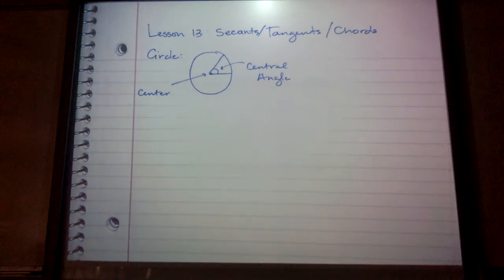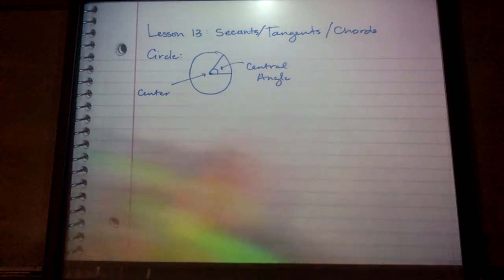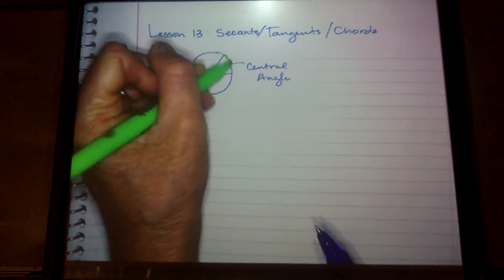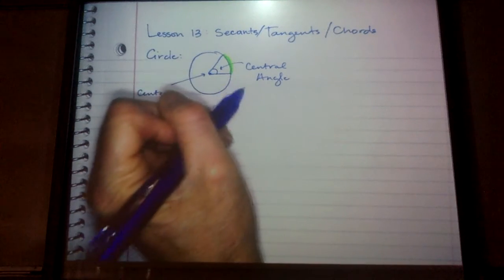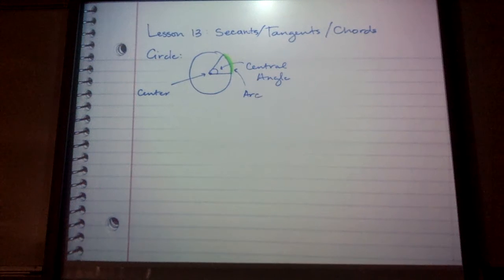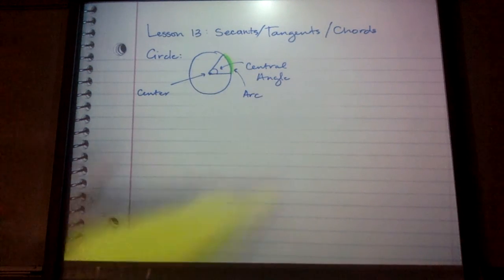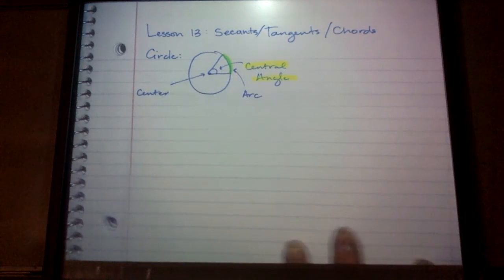The central angle is at the center, and this outside portion of the circumference is your arc. Super important: your central angle, arc, center.